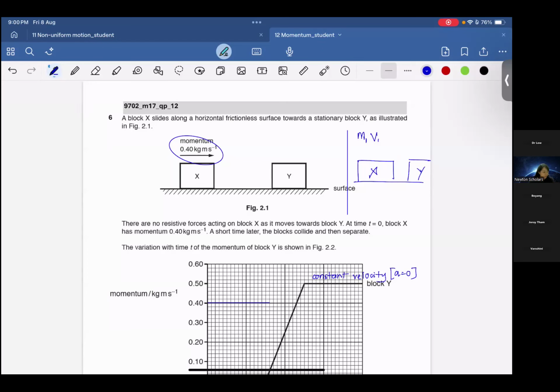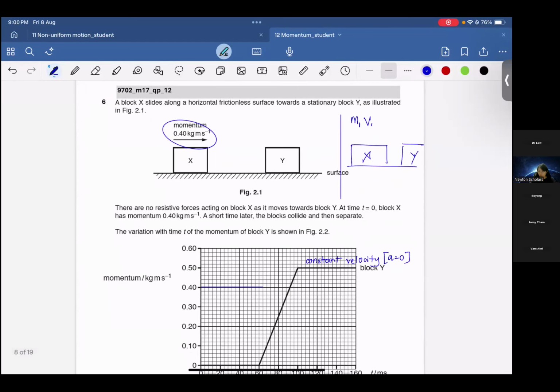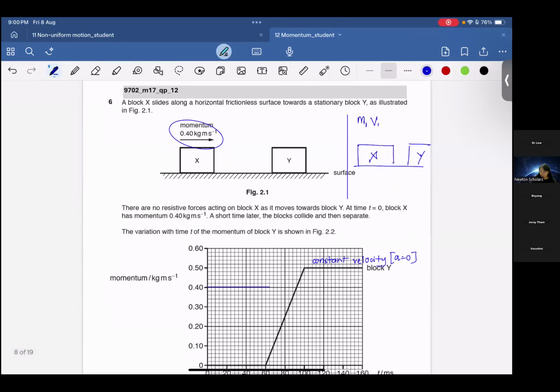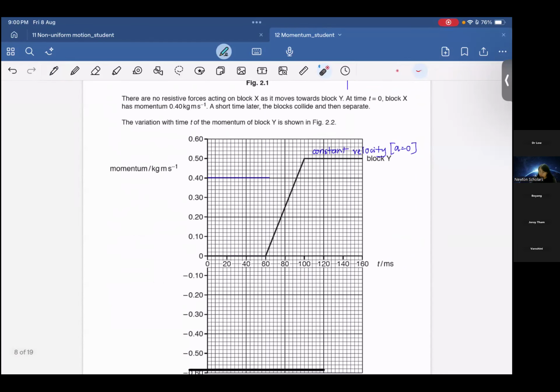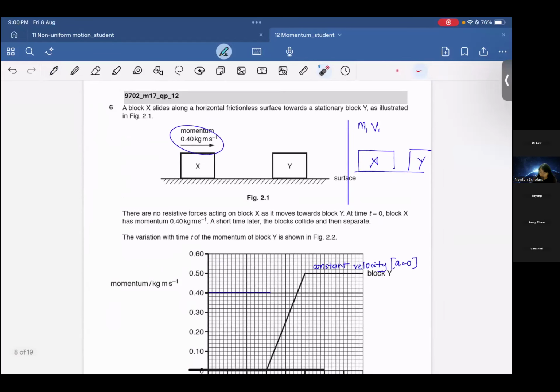You complete the graph first while we're waiting for others to try. So boys and girls, calculate M1 V1. I want to know about block X after collision. What is the momentum so that I can sketch the graph? I want to go down, but I don't know where I should go. Okay? So boys and girls, try.